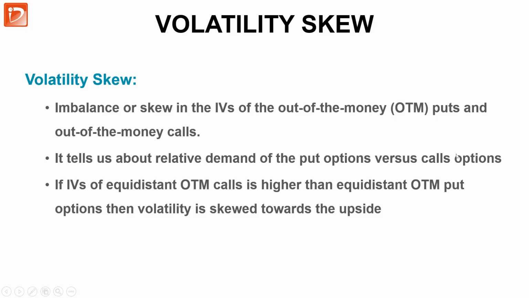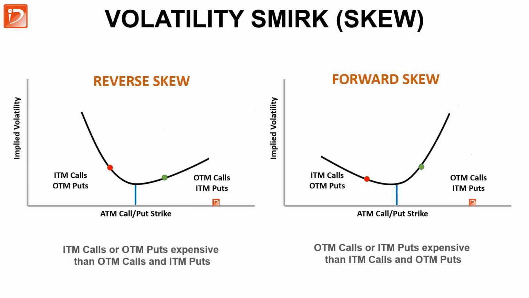Because the calls are more expensive than the put options. So you will see a volatility curve like this. I'll show you the curves. That means there is more demand for calls, right?